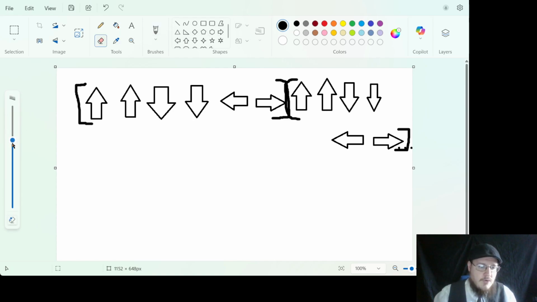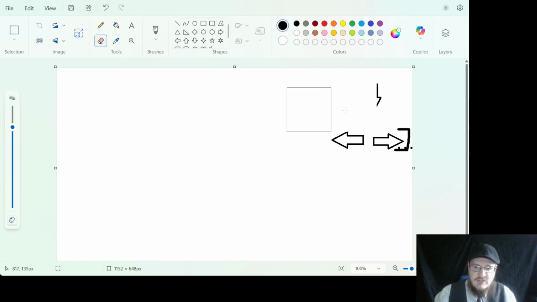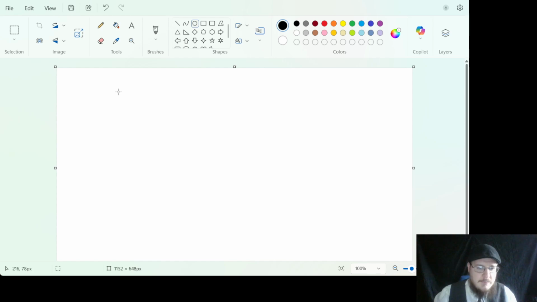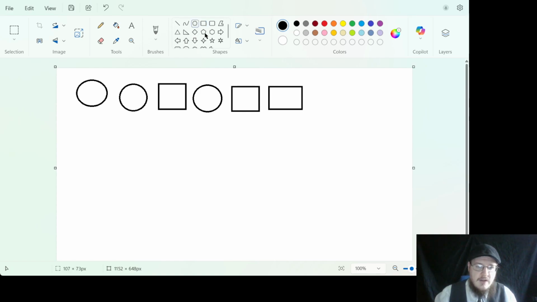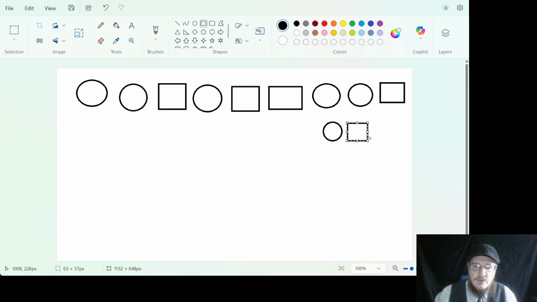So I'll do one more real quick one, just to kind of change things up a little bit, but using the same shapes. So say circle, circle, square, circle, square, square, circle, circle, square, circle, square.